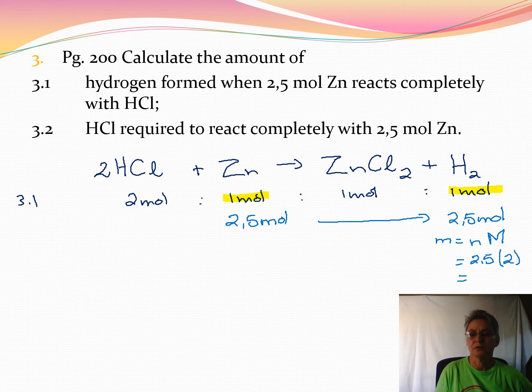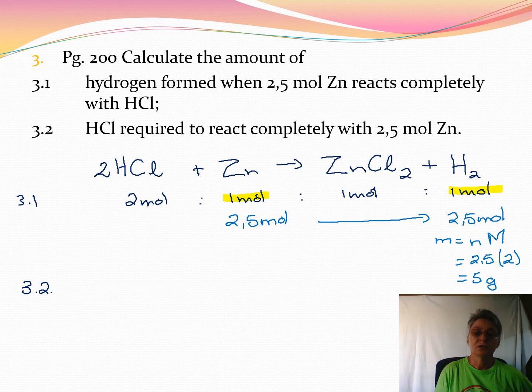So there will be 5 grams of hydrogen forming. Oh, it seems like in the book's example, they want 2.5 moles of hydrogen as the answer.